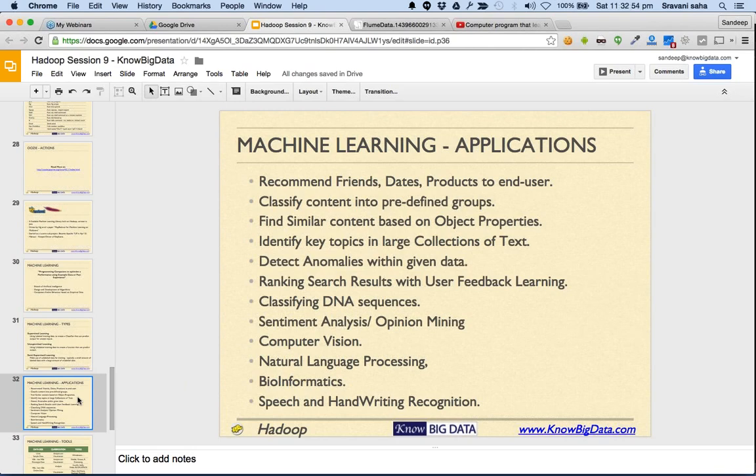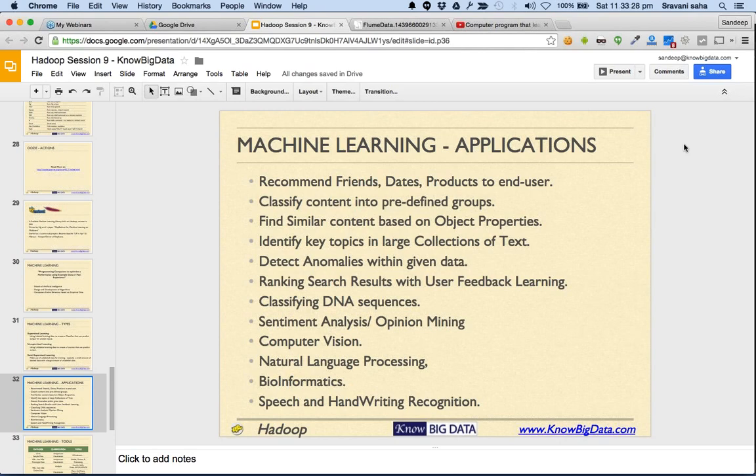So recommendation was the first example of machine learning. Recommendation comes in many forms. One was the Amazon one, where we say that since you like this product, you will also like these products. Similarly, recommending friends that you may also like to connect with, recommending dates, recommending products to the end user, classifying content based on predefined groups.